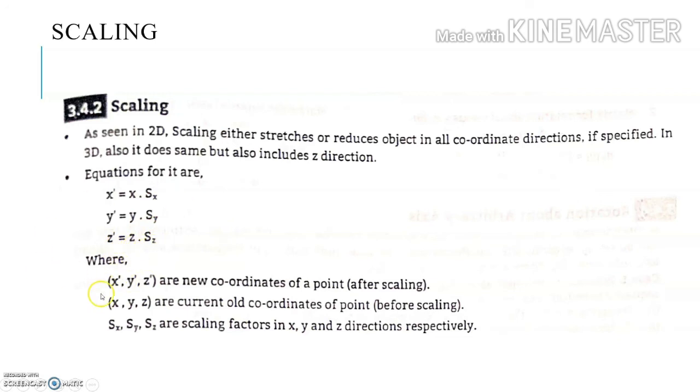In these equations, x dash, y dash and z dash are the new coordinates of the point after scaling. x, y, z are the current or old coordinates of the point, before scaling. Sx, Sy and Sz are the scaling factors in x, y and z directions respectively.